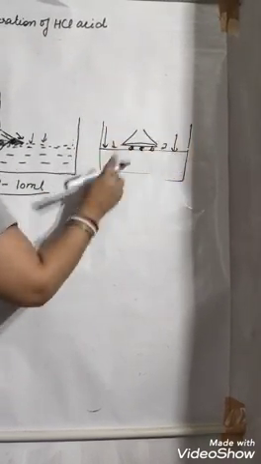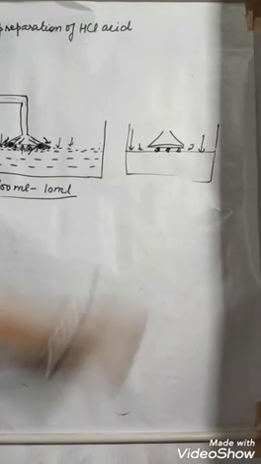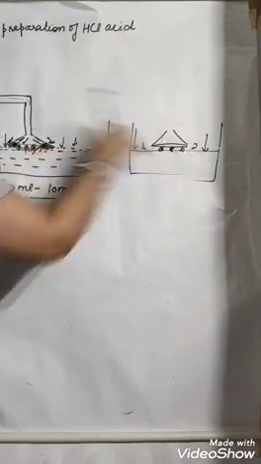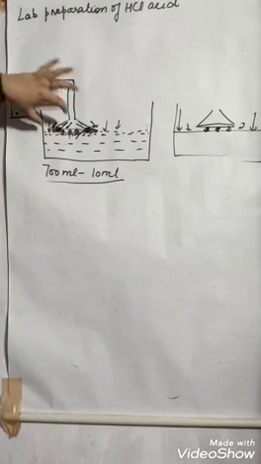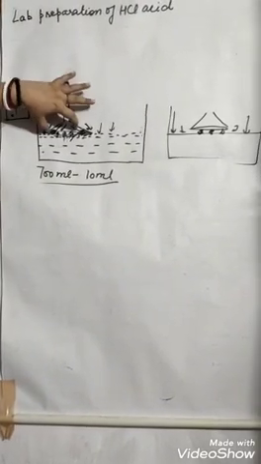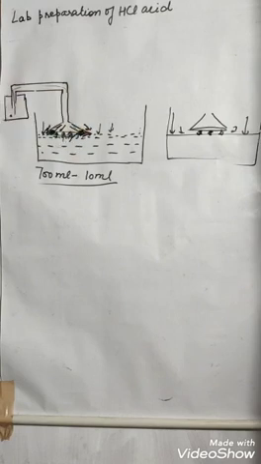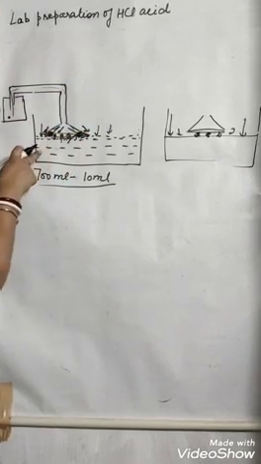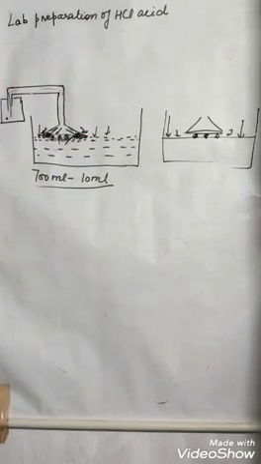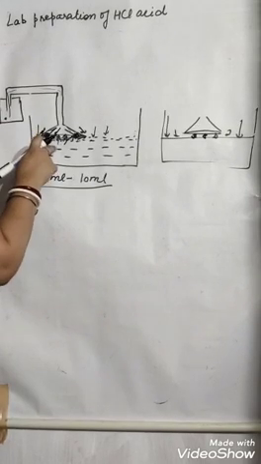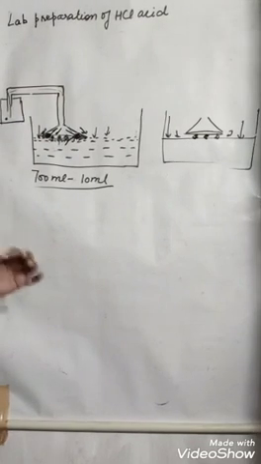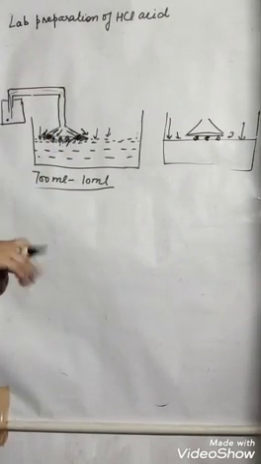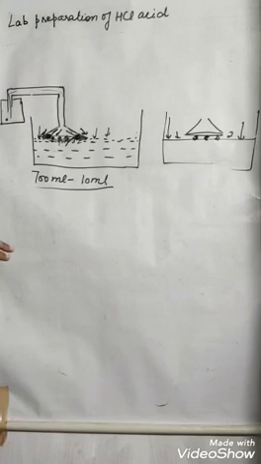Due to atmospheric pressure, it will get equalized. Again the funnel will come down and the water will also come down. In this way, this water will keep fighting with this funnel, until then the production of HCl will be taking place and it will come from here. Alright, I hope you understand.